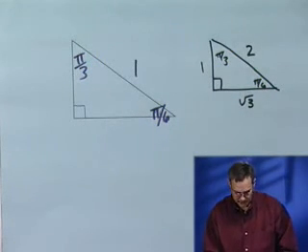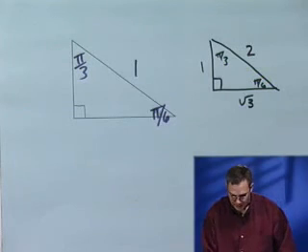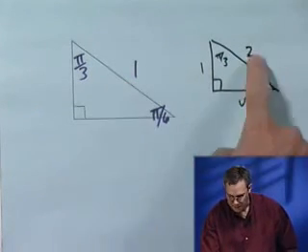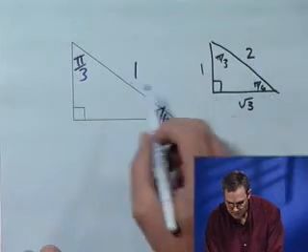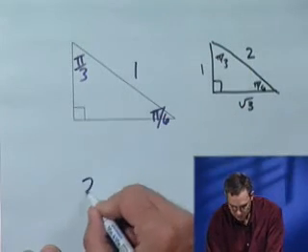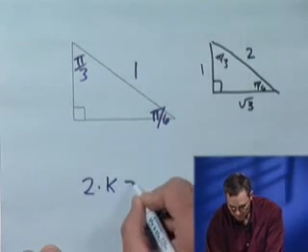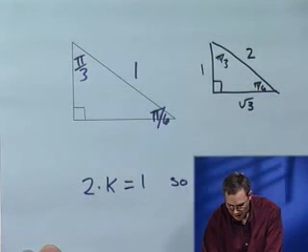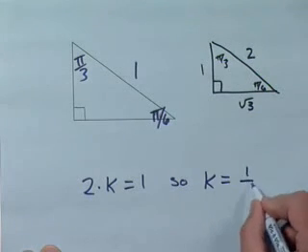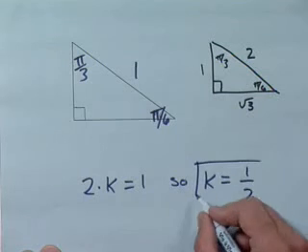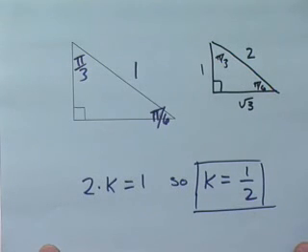All right, let's try to find K. Again, I'm given this is 1, and this is 2 here. So 2 times some K gives us 1. So K is equal to 1/2. Okay.